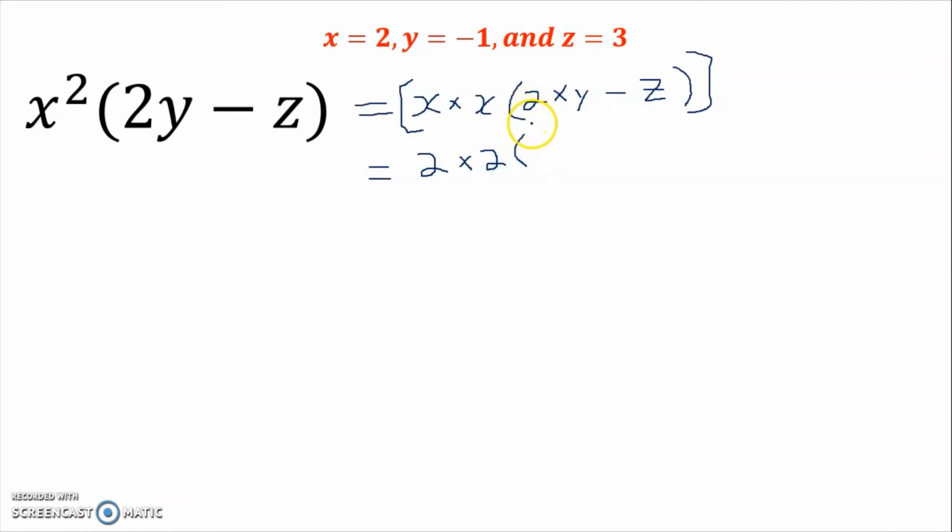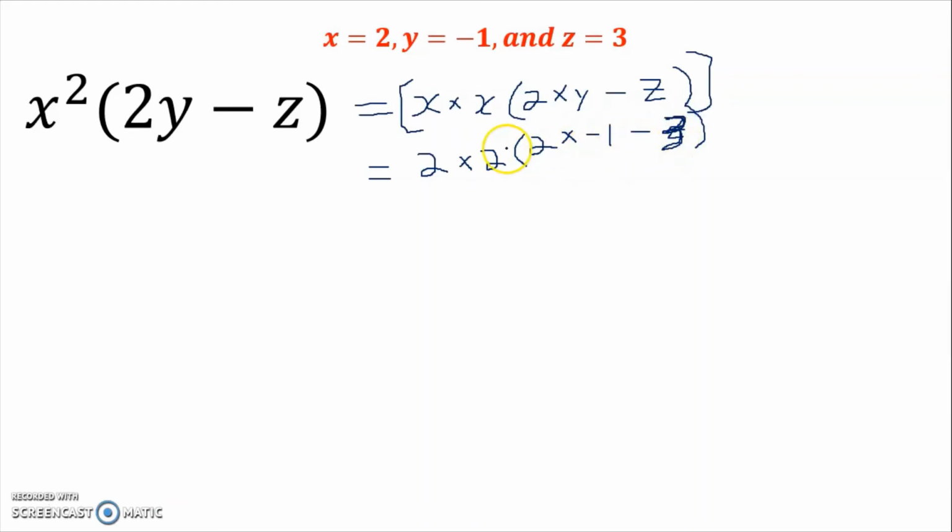We bring down the 2 from up here, 2 times the value for y, which is -1, subtract z. And actually z is 3, and I'll put that in bracket.